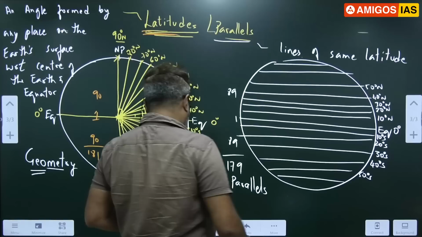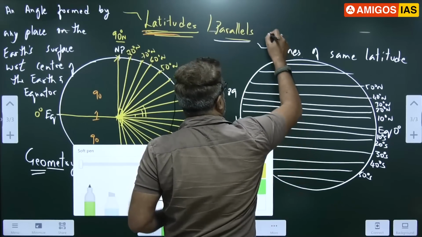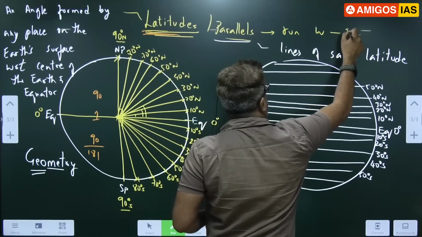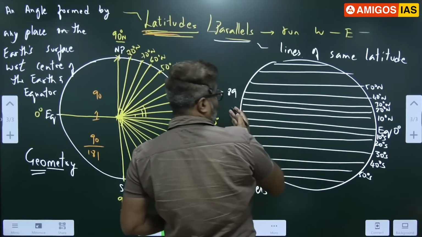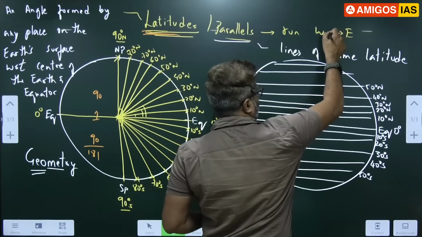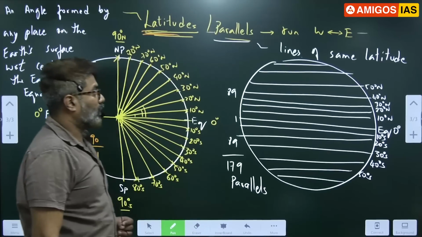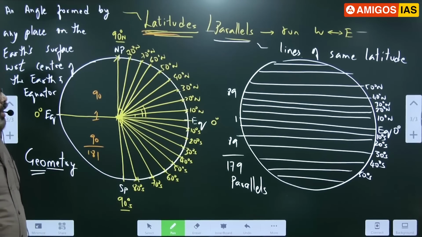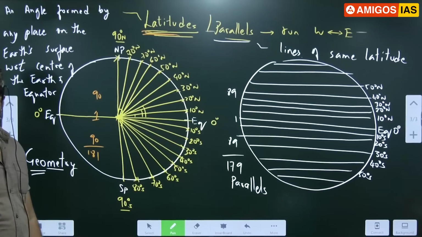So lines of same latitude are called parallels. Parallels run west to east. See here, all of you know this is east, this is west. East-west or west-east. Okay. Shall I continue?